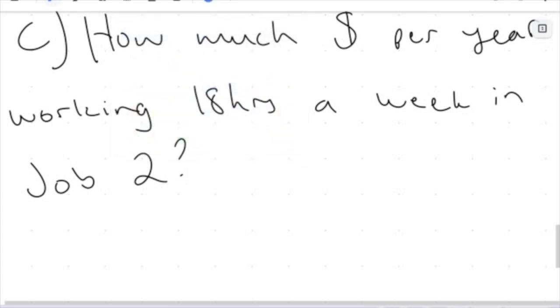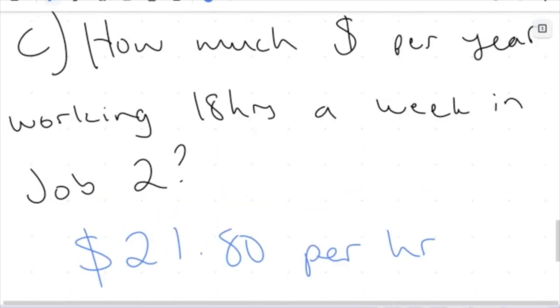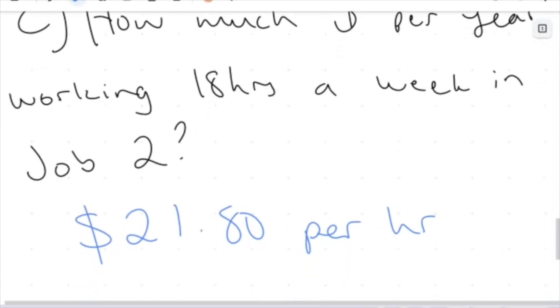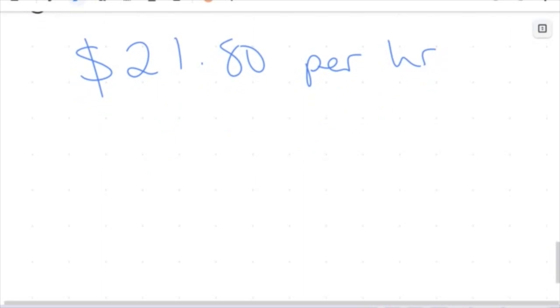So we have that you're making, I think it was $21.80 per hour, and you're working 18 hours in a week. So for each hour you're making $21.80.